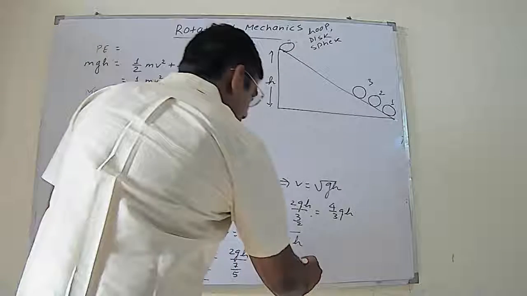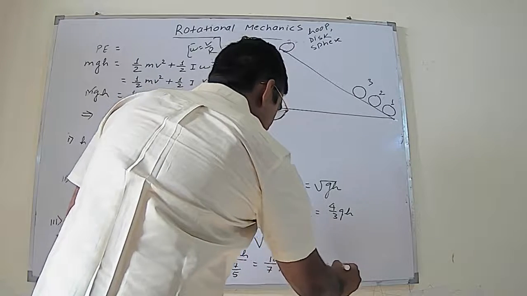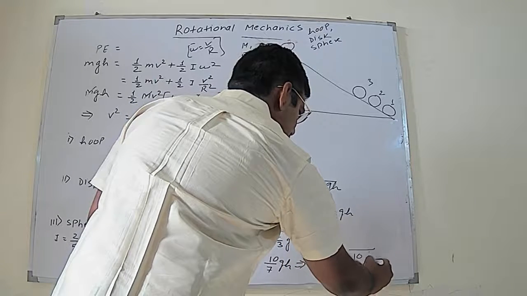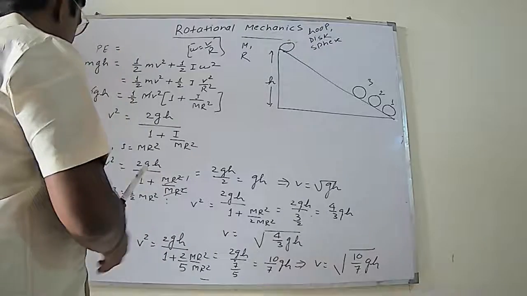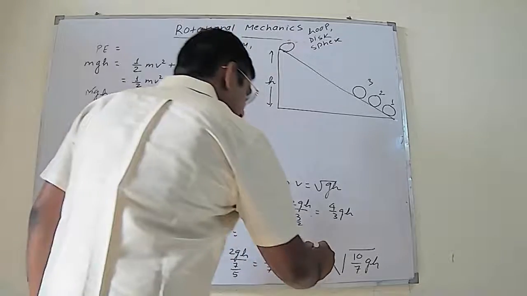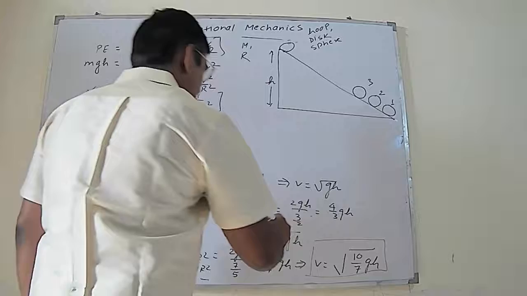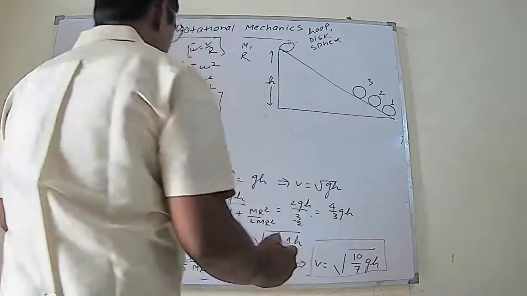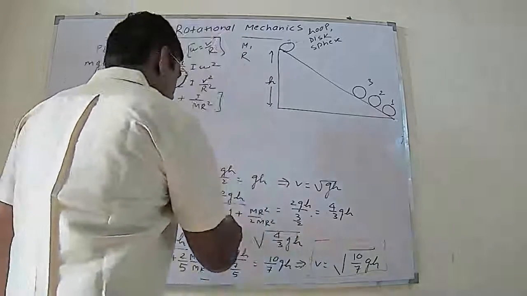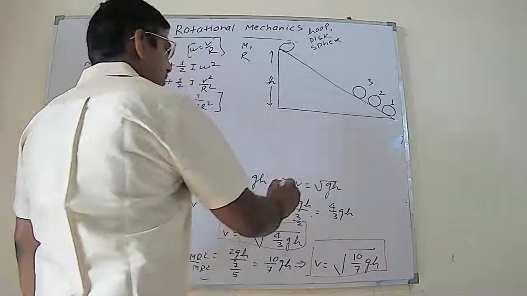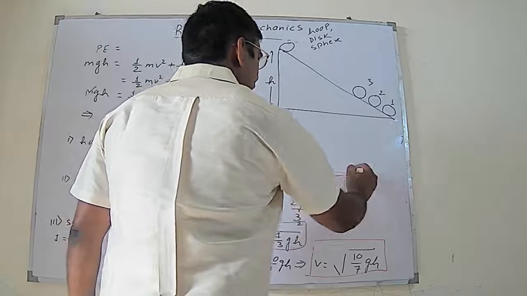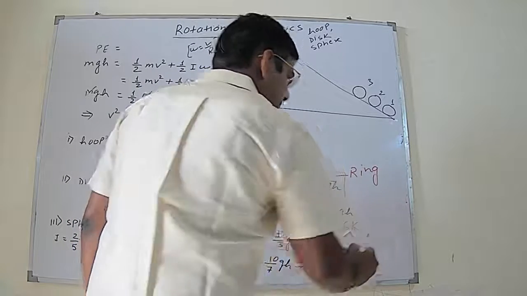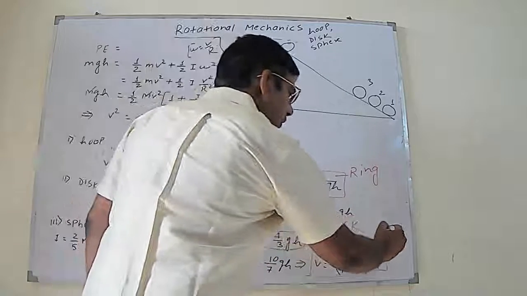So v is equal to root over 10 by 7 gh. Case 1 is for the ring, case 2 for the disk, and this is for the sphere.